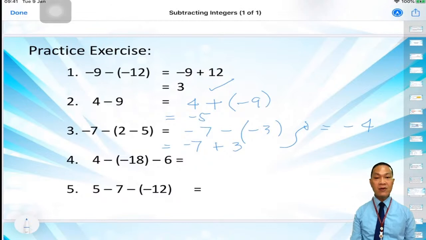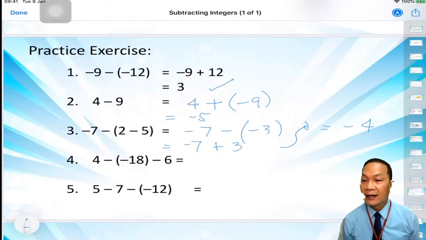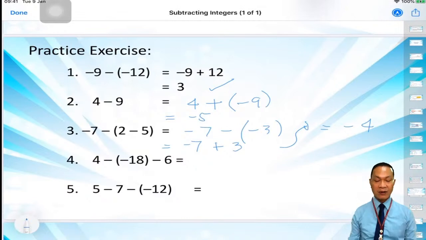Alright, number 4. Your answer is 10, 8. Okay, let's move on first. So we have 4, add the additive inverse of negative 18, which is 18, minus 6.